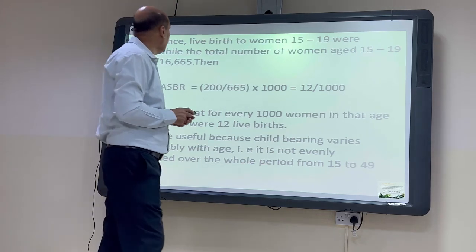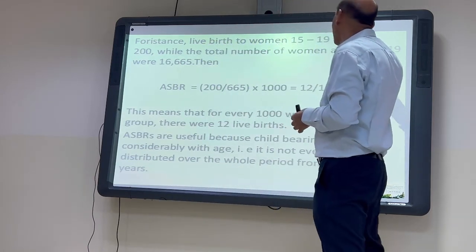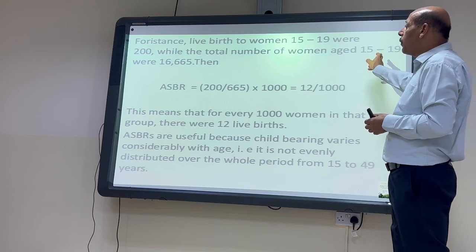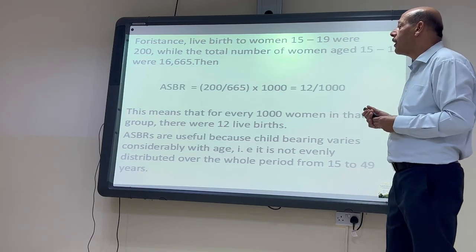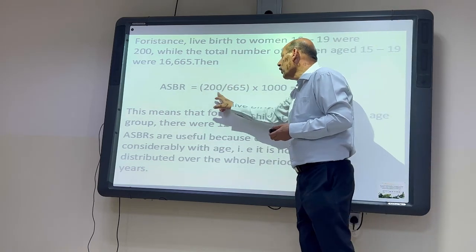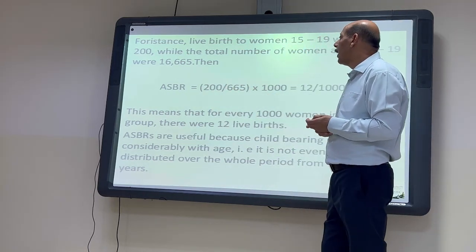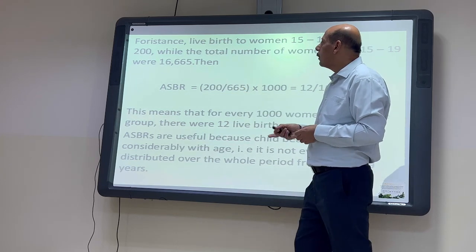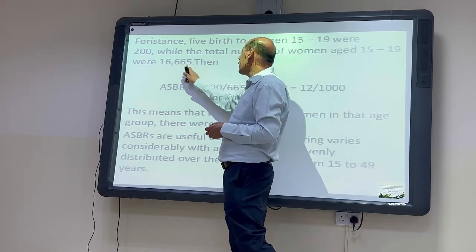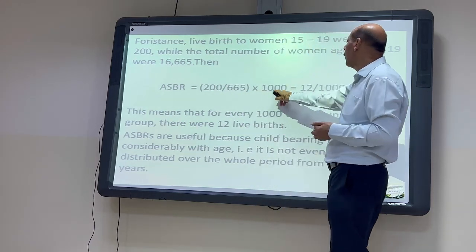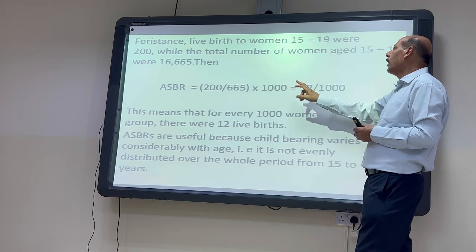For instance, live births of women aged 15 to 19 were 200, while the total number of women in the same age group is 16,665. Sorry, it is only 16,665. So we will divide 200 by that number, then multiply it by 1,000.